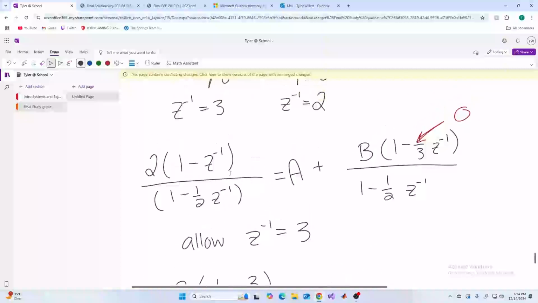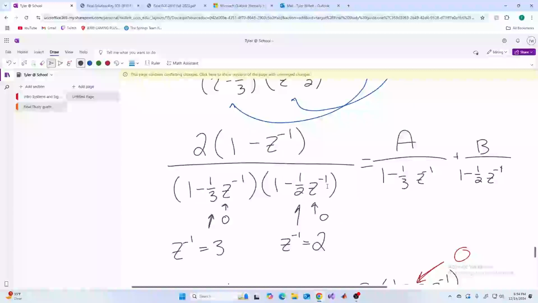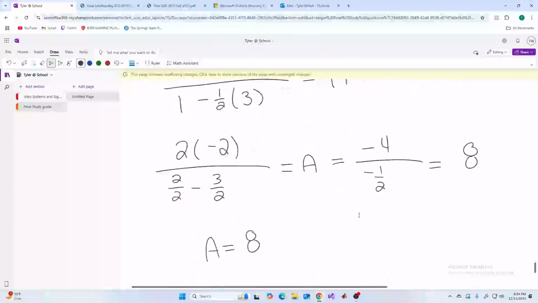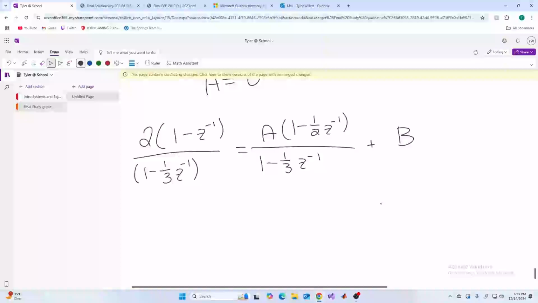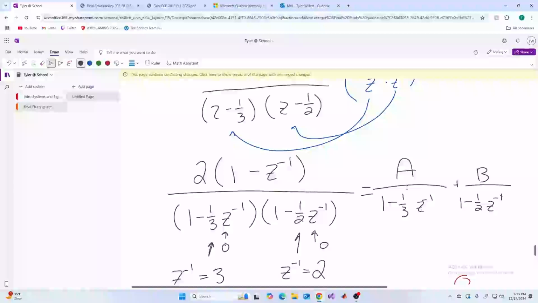Now remember, I multiplied by the 1 minus 1/2 z to the negative 1. So all I have is 1 minus 1/3 z to the negative 1 equals A times 1 minus 1/2 z to the negative 1 all over 1 minus 1/3 z to the negative 1 plus B. Because remember, the B up here has a 1 minus 1/2 z to the negative 1, so that cancels out and you just have a 1.